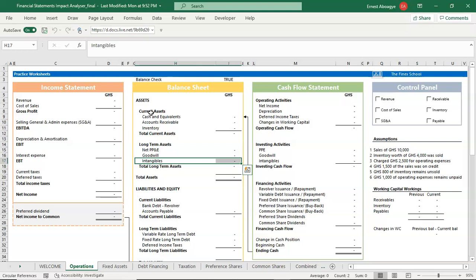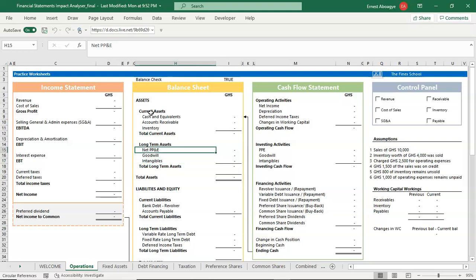Other intangibles, so we have intangibles. Now, these intangibles could be the value of licenses that we have acquired, that we believe that we are going to operate under for a very long time. So the net of these things will also be the net intangible, net goodwill, as it applies. So that is that.